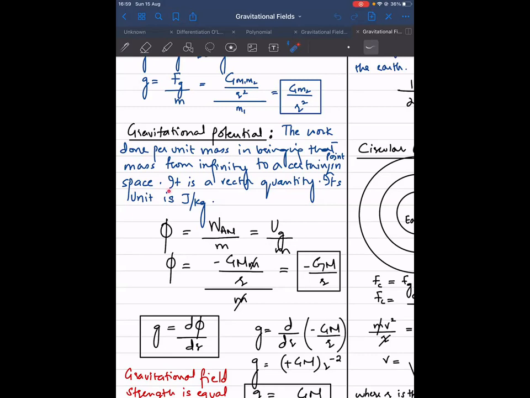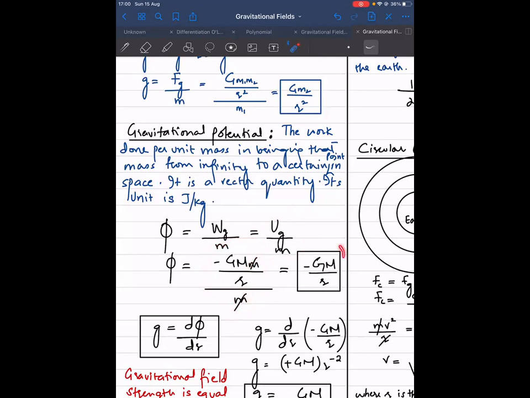Gravitational potential is a scalar quantity, so you can write it down as work done by the gravity on m, that is the gravitational potential energy per unit of mass, minus GMm over r. अच्छा, minus GMm over r is the gravitational potential energy, divided by per unit of mass, divided by mass.